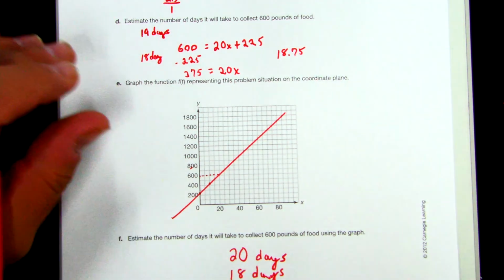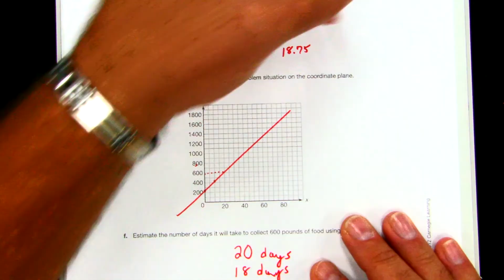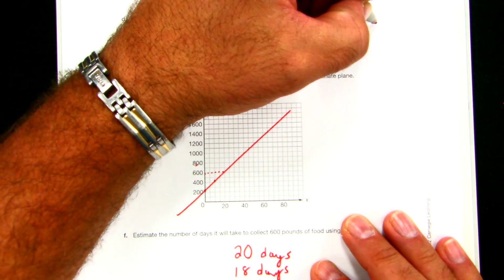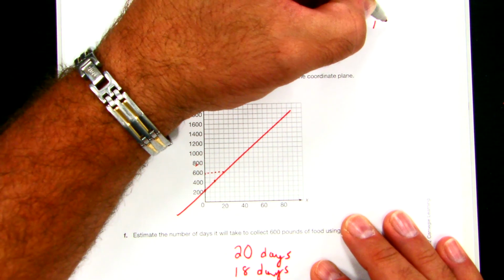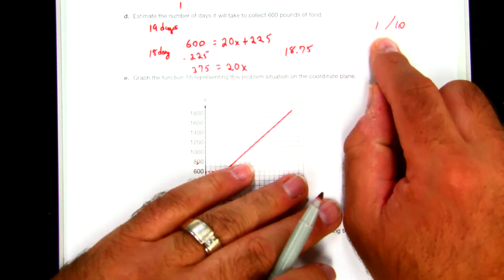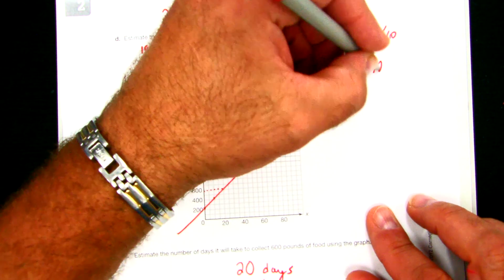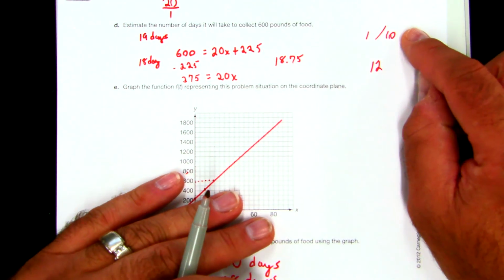Hopefully you understand that. It's kind of like saying how many chaperones do we need to go if we have every 10 children gets one chaperone, right? So I'll do this as an example. Every 10 children gets one chaperone. If there's 12 children, how many chaperones do you need?